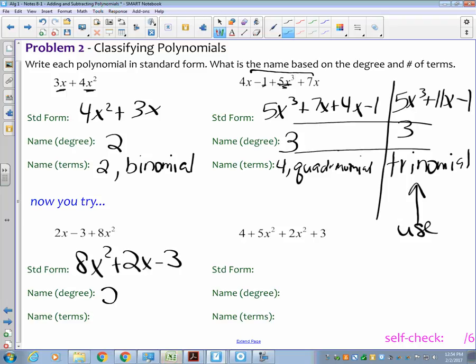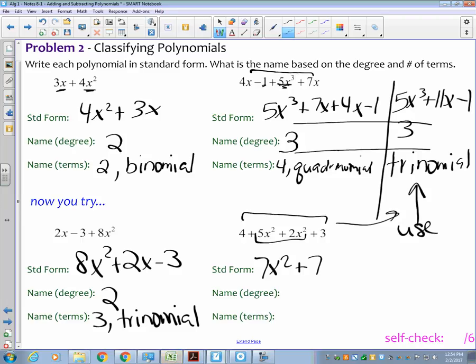The degree is 2, and it's a 3-term, which is called a trinomial. This guy right here, we're going to combine together. So remember, we're going to use the one where we combine them together. And we're going to say 7x squared plus 7. The highest exponent is a 2.